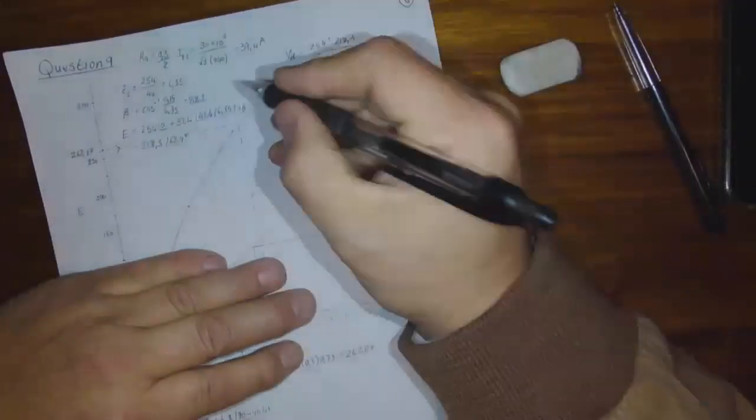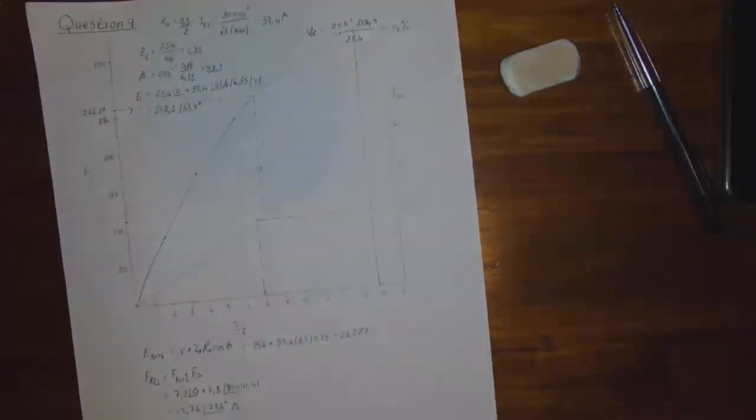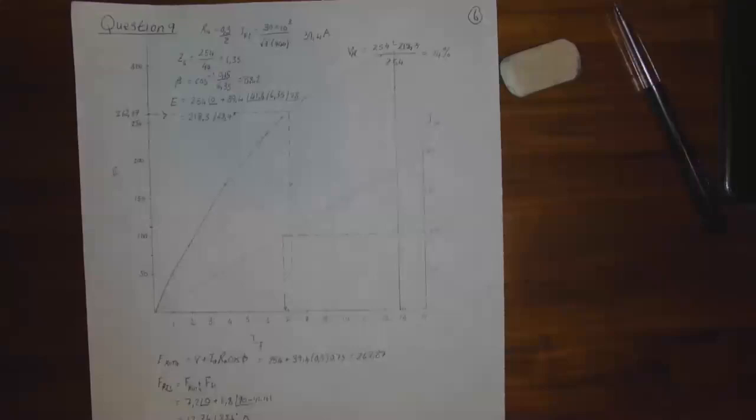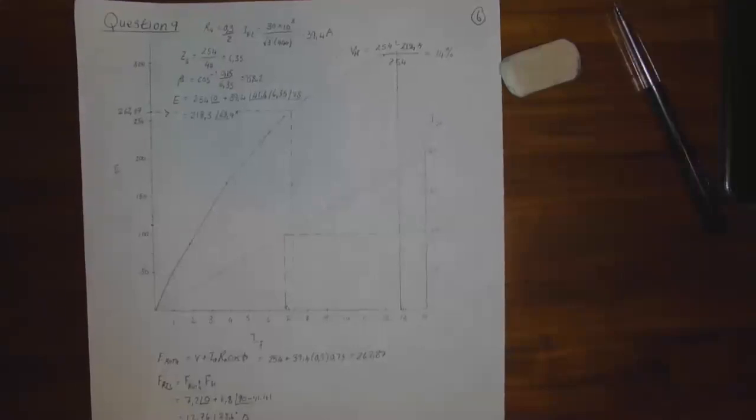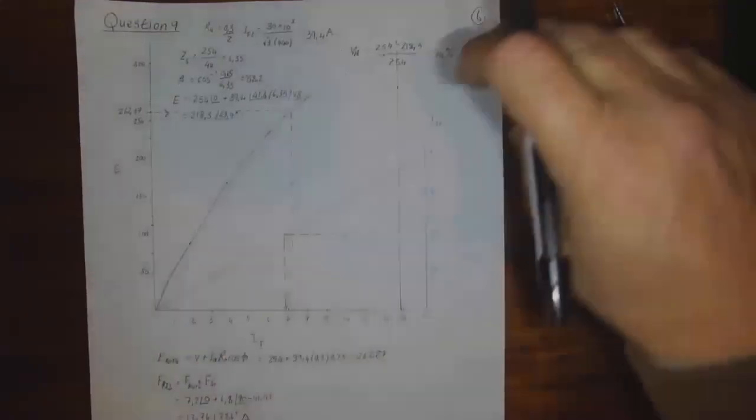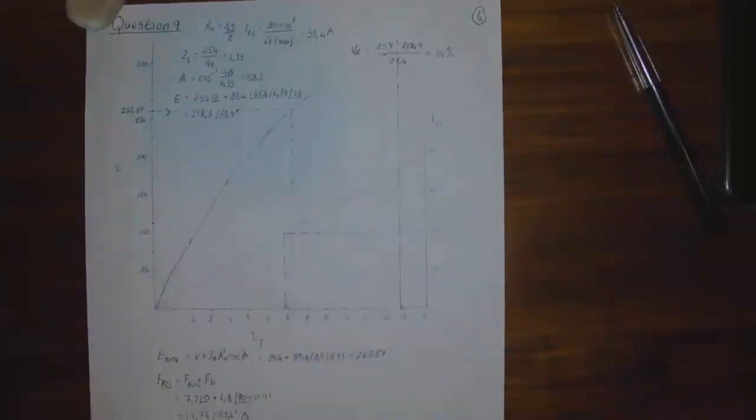But it's a lag. Mr. LaRue, you say that the scale of the graph doesn't matter. But when I was comparing my answers with another person, it made a difference. So what is the tolerance range between the amounts that we get off the graph, especially when it comes to the voltage regulation?